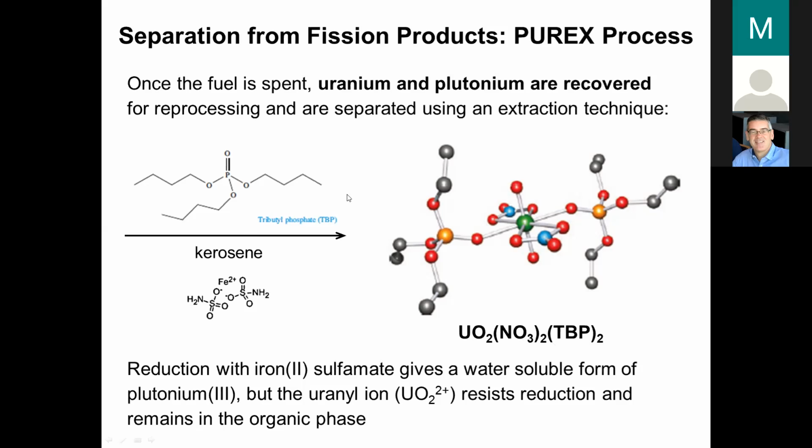By providing this very hydrophobic ligand to these metals, namely the tributyl phosphate, it coordinates to the actinide oxide nitrates in a way that is shown in this molecular complex.